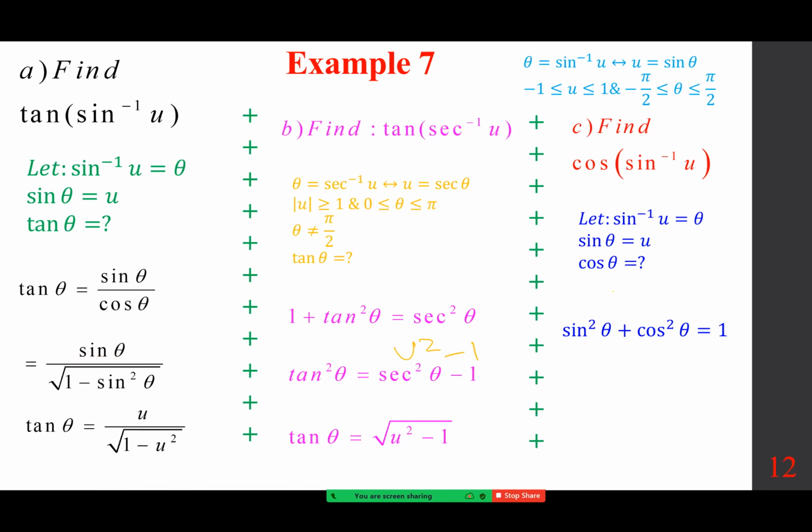That means cosine squared is 1 minus u squared. Take a root and you're done.